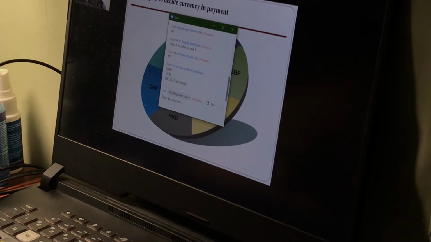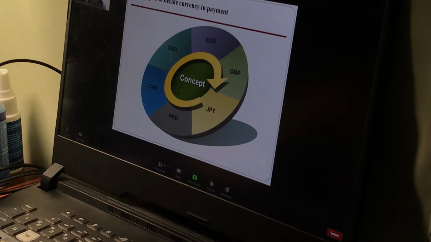For example, we use đ as the Vietnamese currency code, the domestic currency code for Vietnam, right? But in the sale contract, foreign sale contract, we use VND. VND is the international currency code of Vietnam.